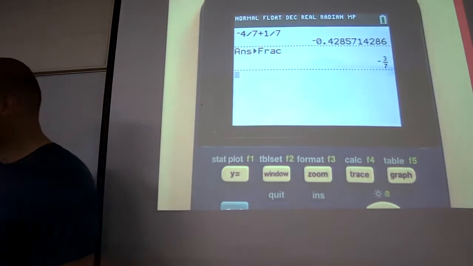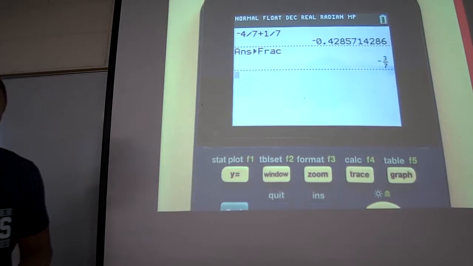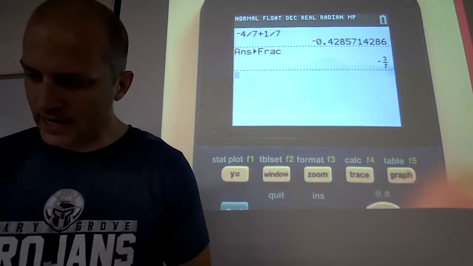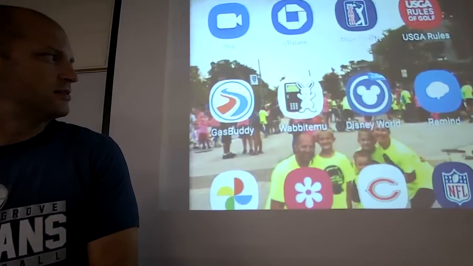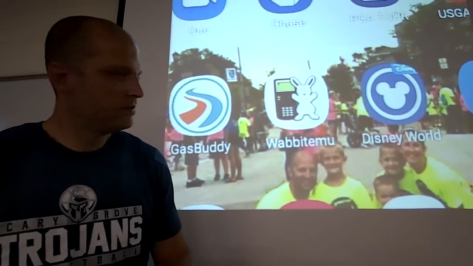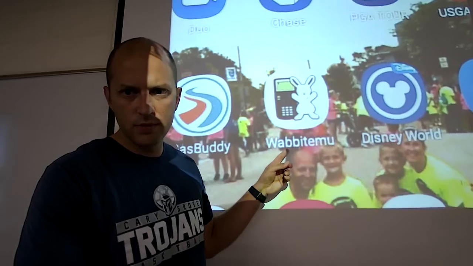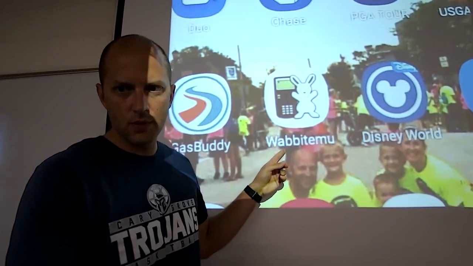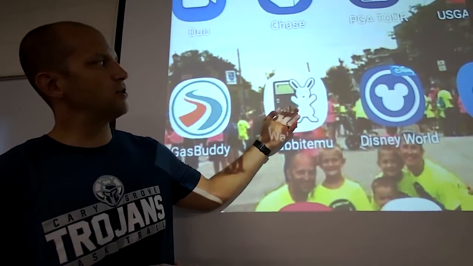Now here's the other option. Let me grab my phone. I have an Android phone, and I have the Wabbit Emu app. If you have an Android, that's another option.